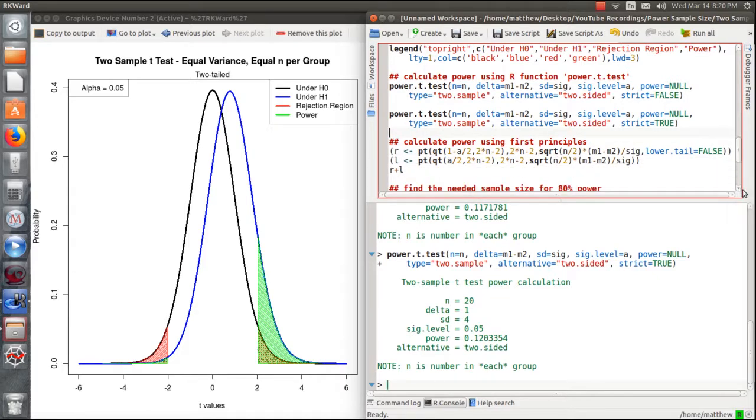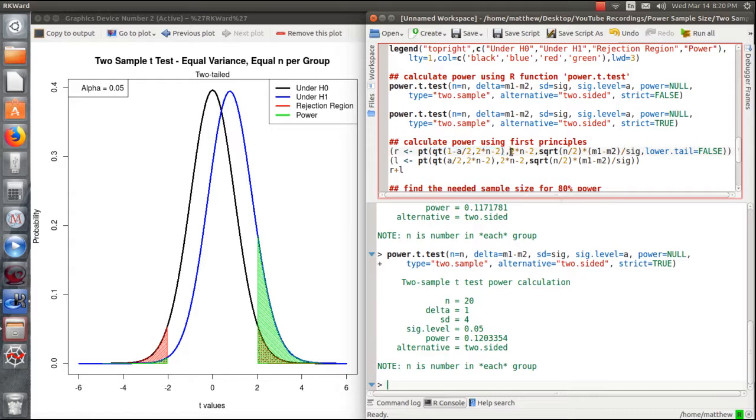Now let's calculate this from first principles. Since this is a non-central T distribution, R has a built-in function called PT, which is a cumulative distribution function. And we want to calculate the area in this tail. And to do that, we want to calculate it from this critical region, which is the shaded area. That's how that's calculated.